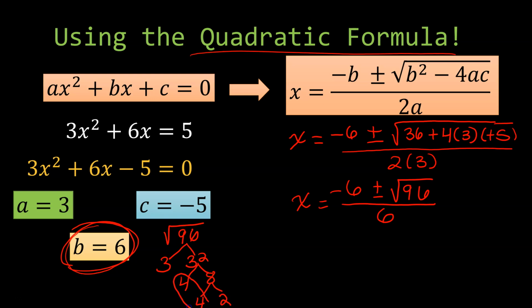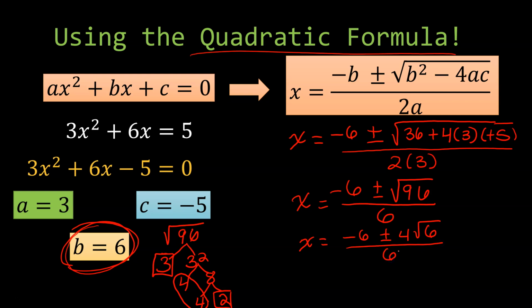I see 2 copies of 4, so that comes out of the square root. I have a 2 and a 3 left. 2 times 3 is 6. So this becomes negative 6 plus or minus 4 square root of 6, all divided by 6.